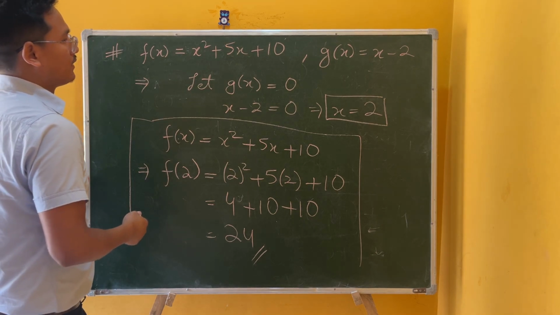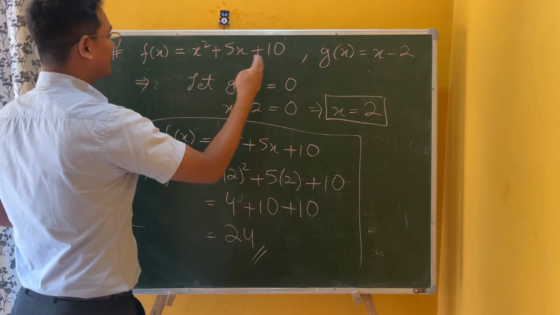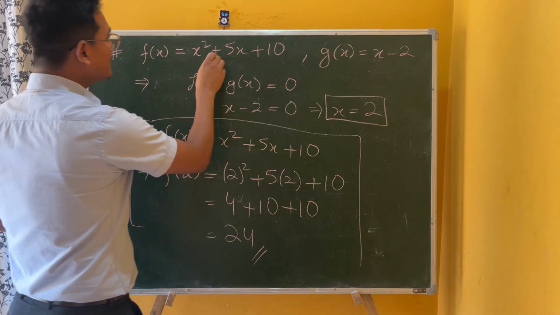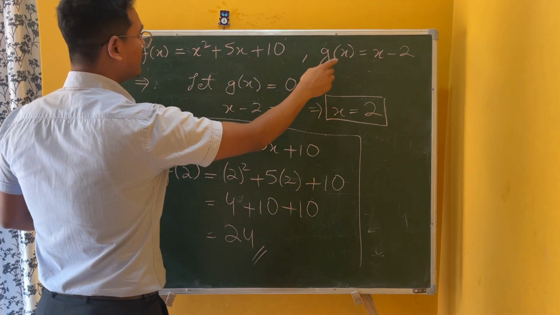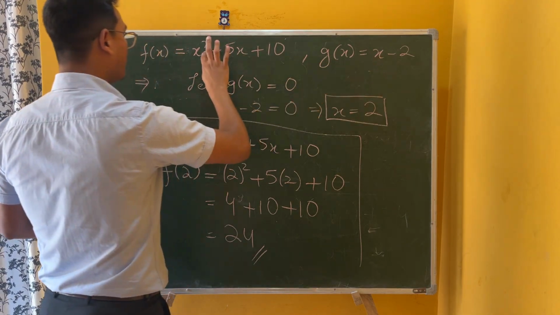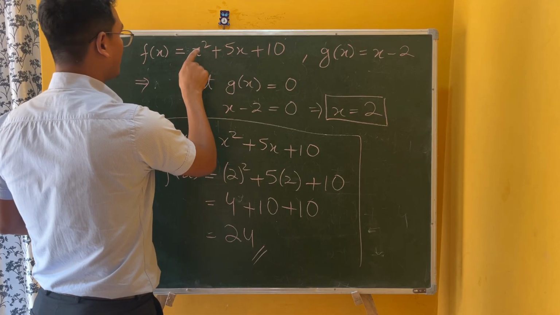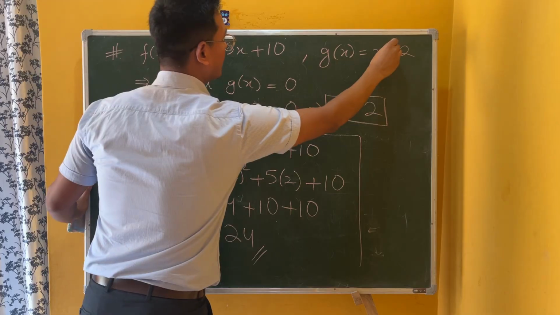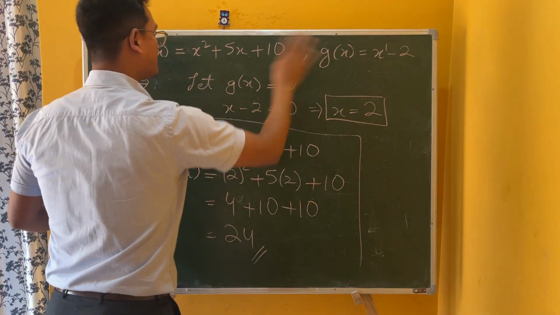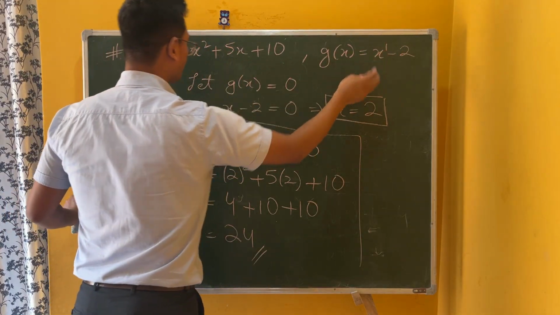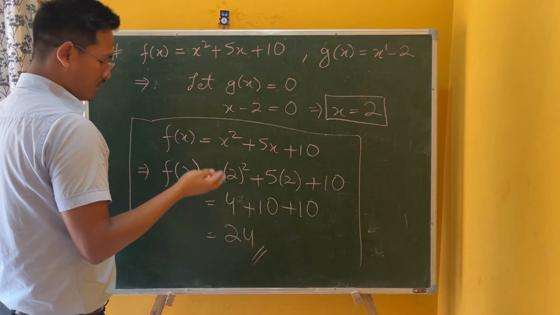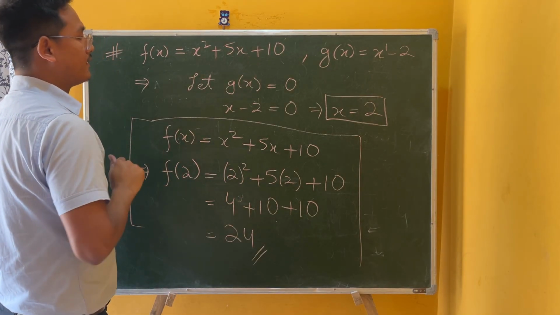Now, when is it divisible, and when is it not divisible? This is divisible by g(x) whenever the power of g(x) is equal to or less than the power of f(x). In this case, it is less than f(x), so it is divisible. If it was 2, still it was divisible, although you may find some other remainders.